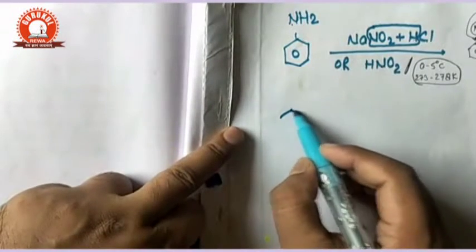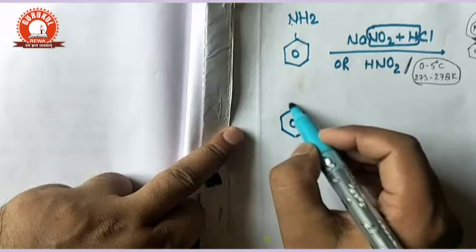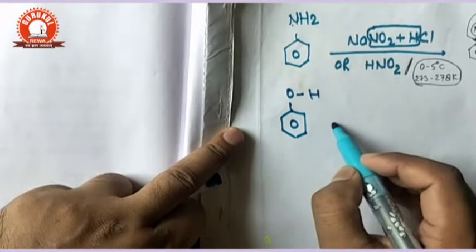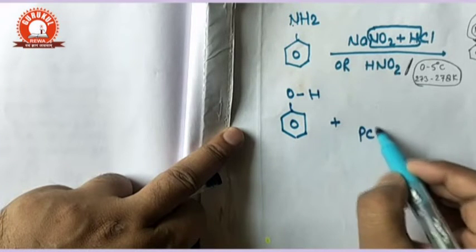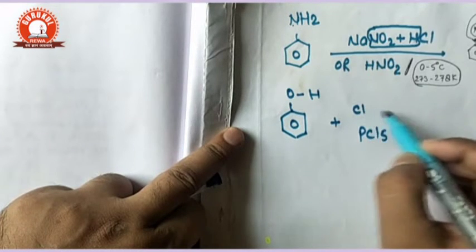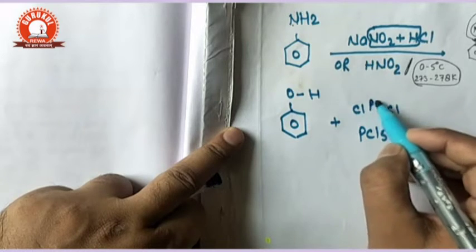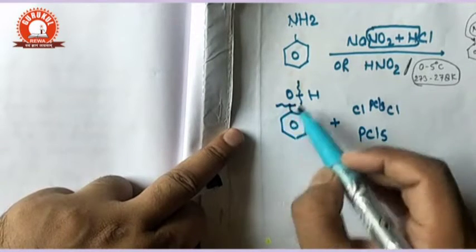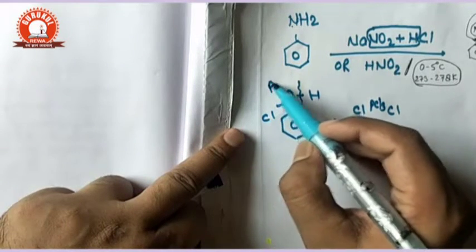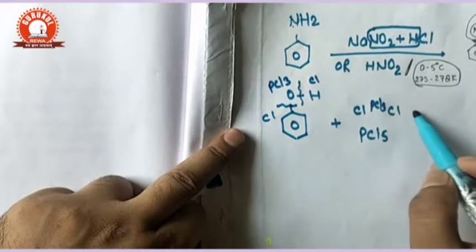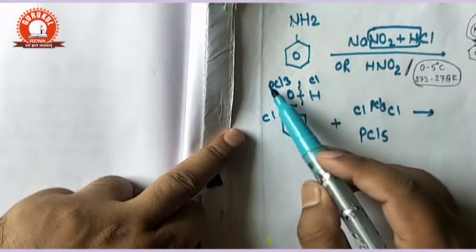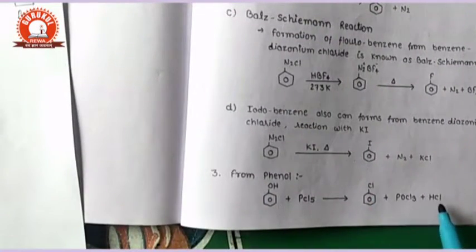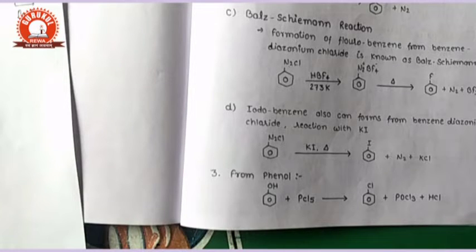If we take the phenol with PCl5, then one Cl leaves, one Cl stays, and the remaining part is at the center, and we can break both bonds. It releases HCl and POCl3, so we get chlorobenzene, POCl3 and HCl, correct. So it is the third method of preparation of halobenzene.